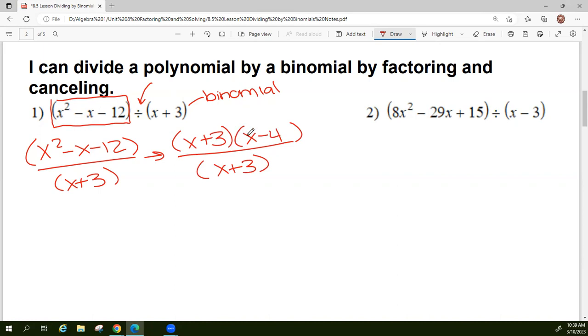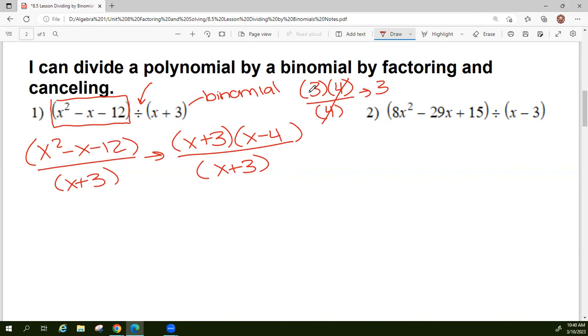These two factors are being multiplied. Anytime we have a fraction where we have things being multiplied, we can cancel like terms on the top and the bottom. So for example, if we have something like 3 times 4 divided by 4, we would be able to cancel those 4s, and this would simplify to be 3.